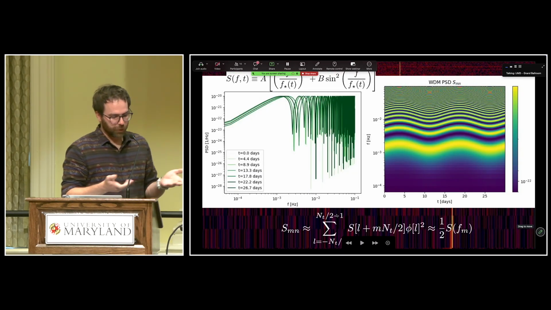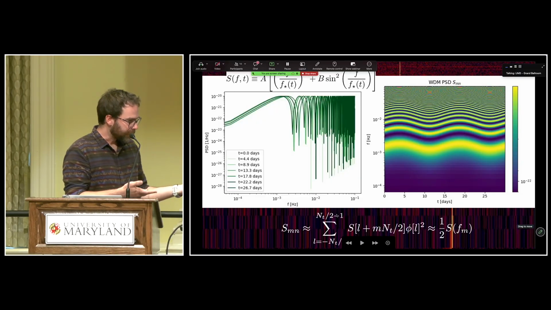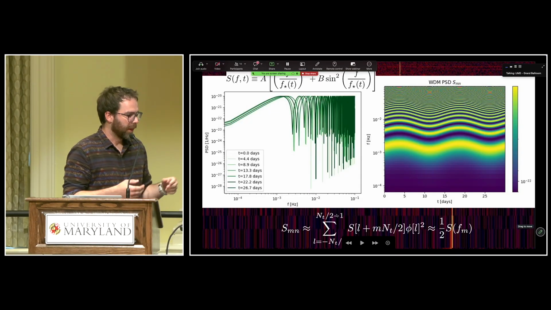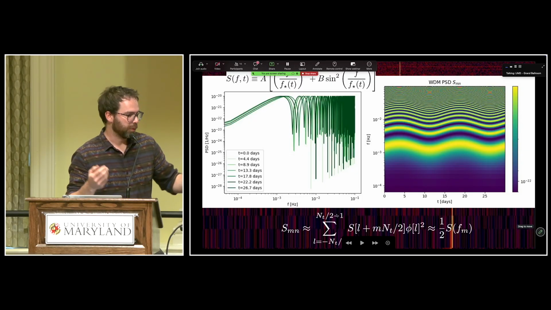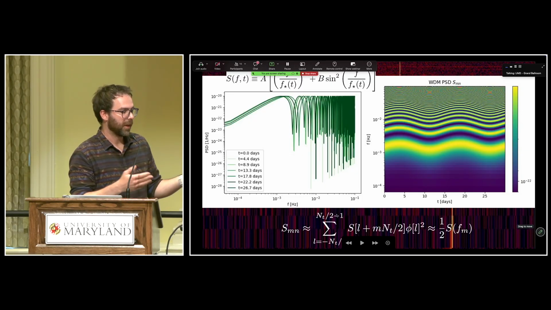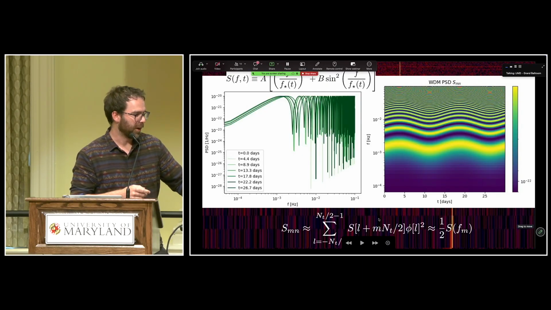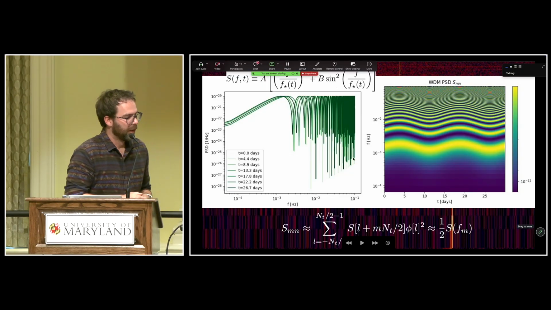So if you have a non-stationary PSD, and you want to convert that to a WDM dynamic PSD, this is just an example I made up where there's a sinusoidal modulation in this null frequency here.